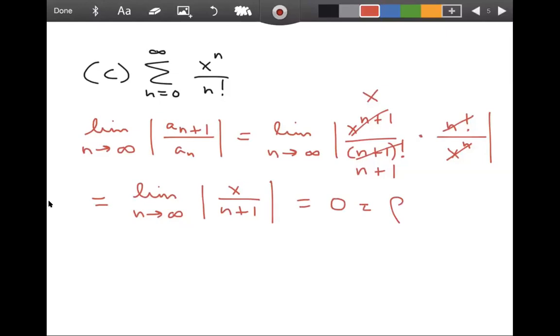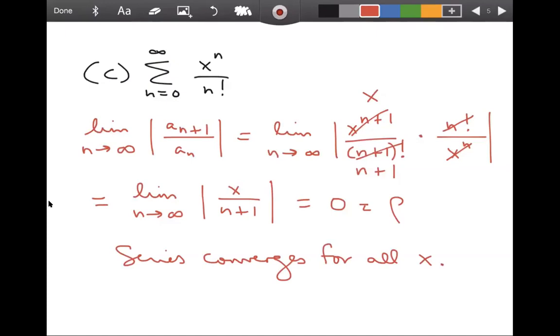What this is saying is, regardless of the value of x, rho is always equal to 0, which means that this series converges no matter what. There aren't even any endpoints to check. That's the end of the story. This series converges for all values of x. So that's a thing that happens sometimes.